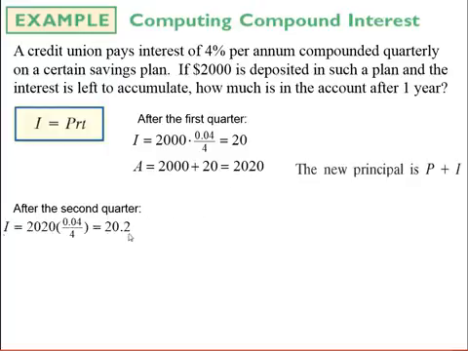You see, that's going to be $20.20. Right? So at the end of the second quarter, I take my 4%, I've divided it into 4 quarters, and that is how much I'll have at the end of the second quarter. So at the end of half of a year, I now have the $2,020 from the prior quarter plus my new amount of interest. I now have $2,040.20.